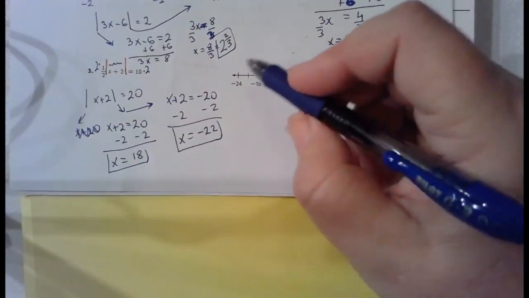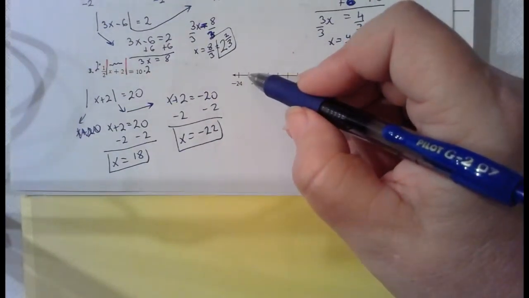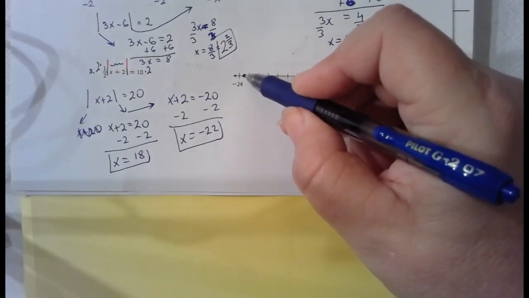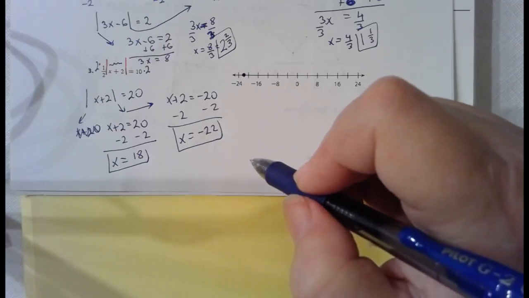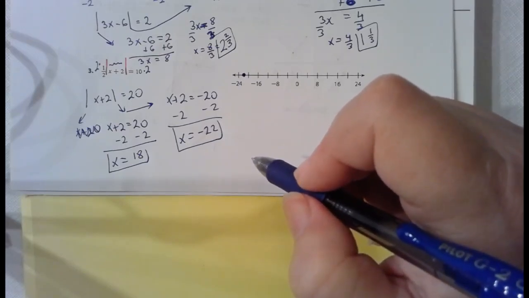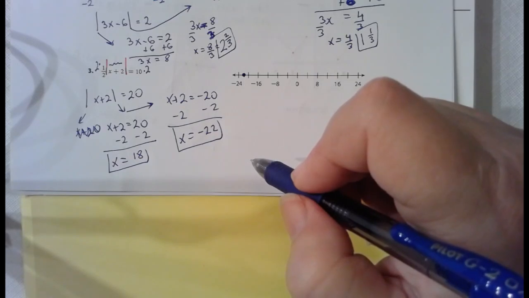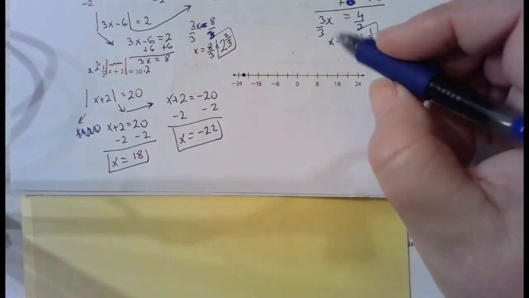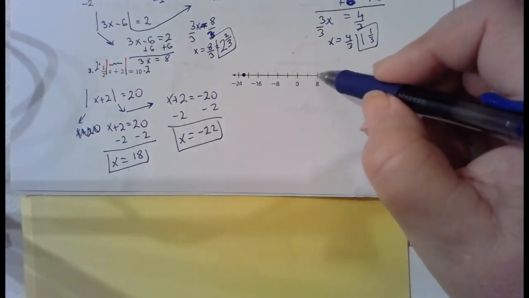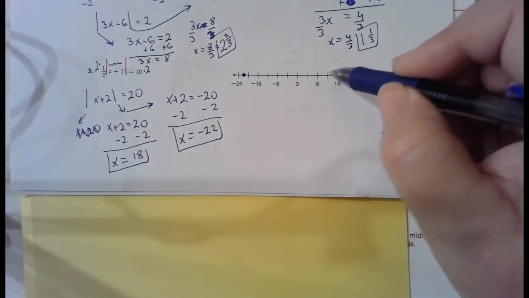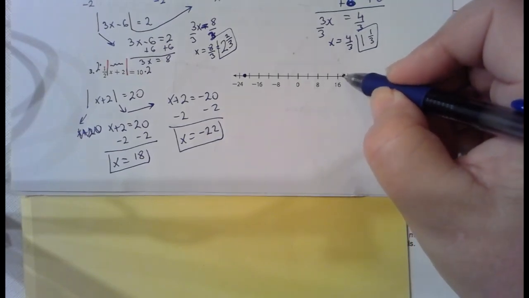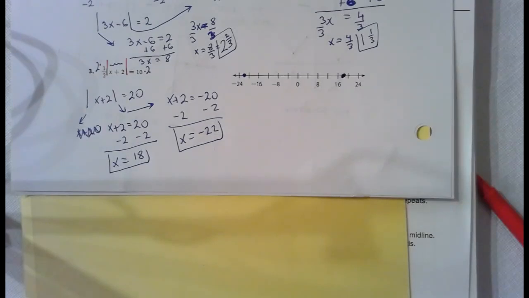So this is 20, negative 20, negative 22 is halfway, and 18, so 4, 8, 16, 20, so 18 is between. So these are my two solutions.